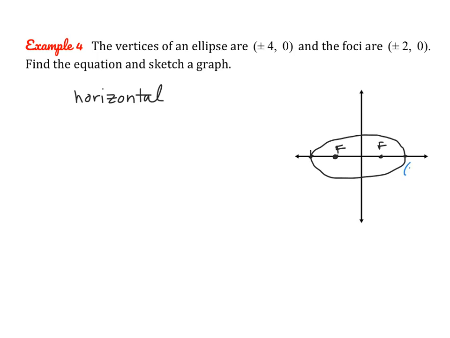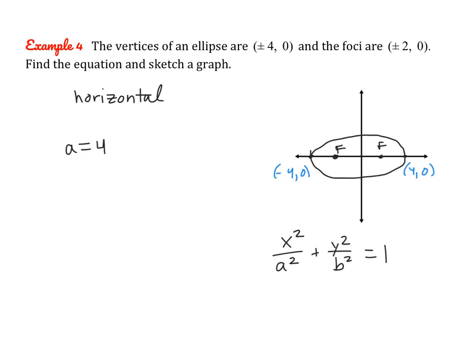So since our vertices are at 4, 0 and negative 4, 0, that tells us that our A value is 4, which is going to be important because we need to find A and B to make our equation.